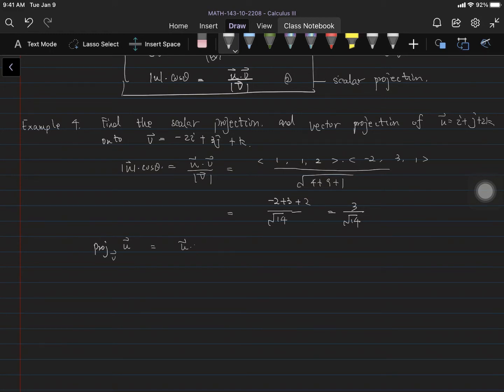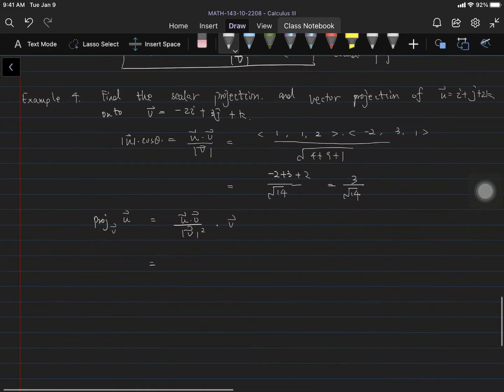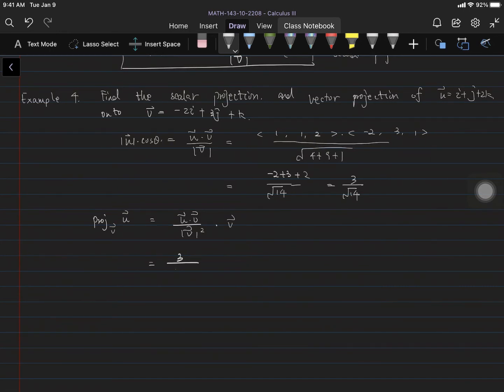And the vector projection, that is u dot v over length of v squared, times the vector v. u dot v we already calculated here, so we don't need to recalculate. That is 3. And the length of v, that is root of 14, but here it is 14, squared, right? Square of the length.